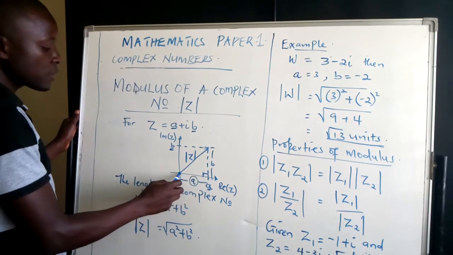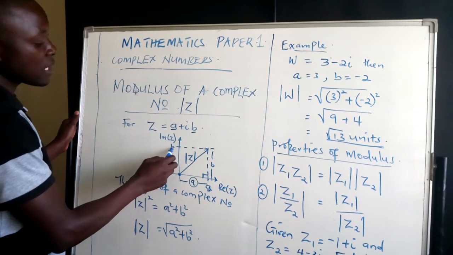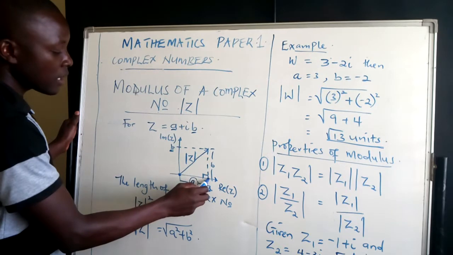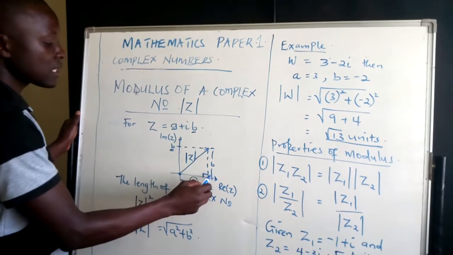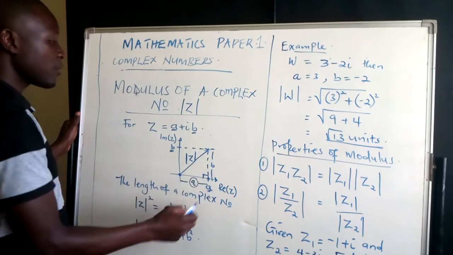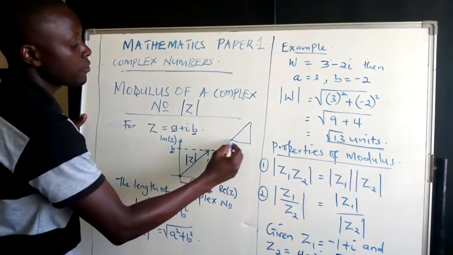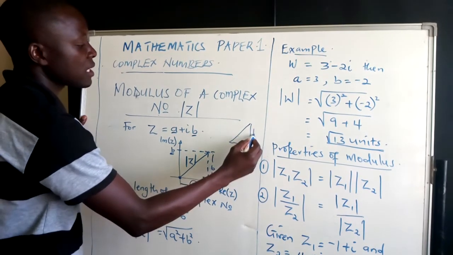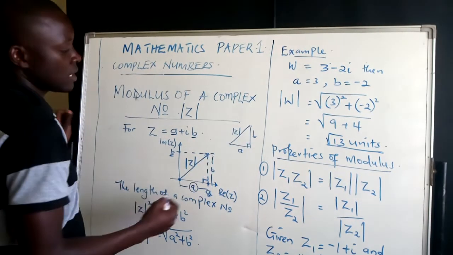And also, from the real axis up to where we plotted the imaginary part is b, so the length from the real axis to where the complex number is, is b. Therefore, we have a right-angled triangle of this nature. We have 90 degrees there. This side is a, this side is b, and this side is what we are referring to as the modulus of z.